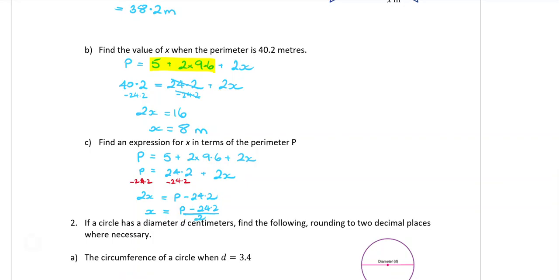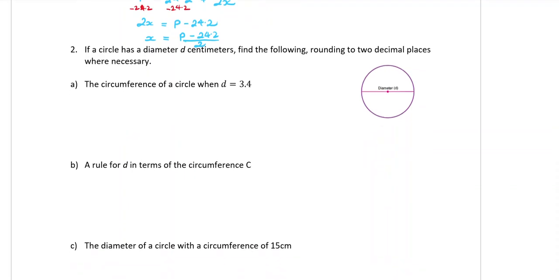All right, question 2. If a circle has a diameter of d centimeters, find the following, rounding to 2 decimal places where necessary. So the first one says the circumference when d equals 3.4. D for diameter means that I want to use the C equals pi d formula, and then sub in that d is equal to 3.4.